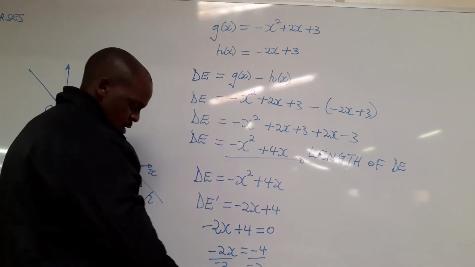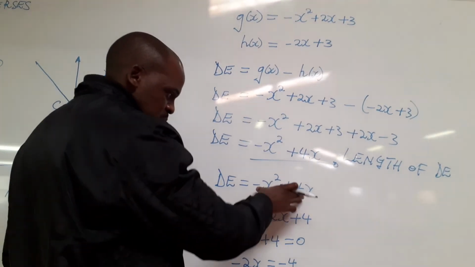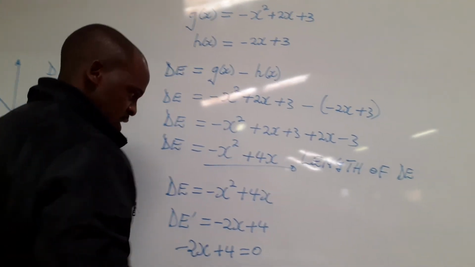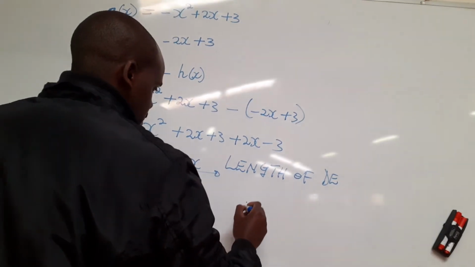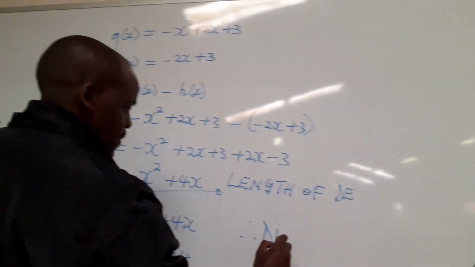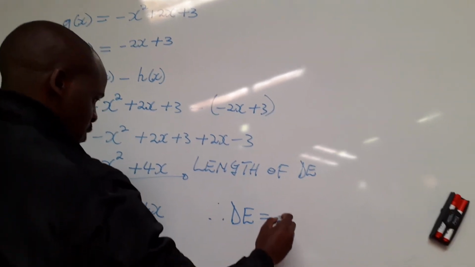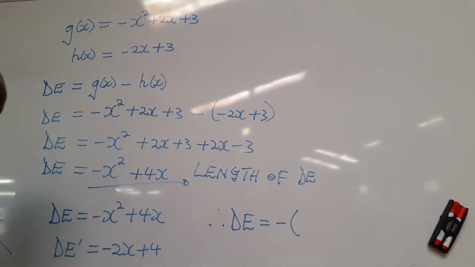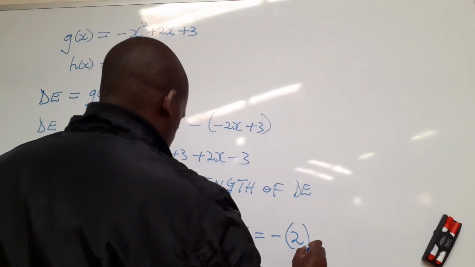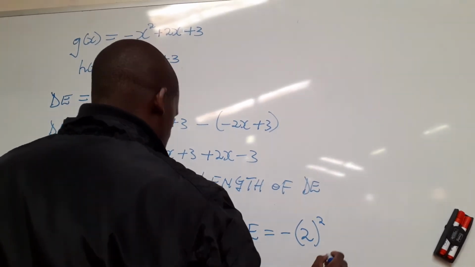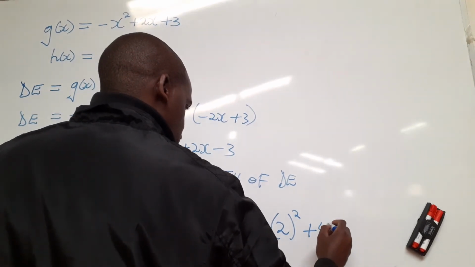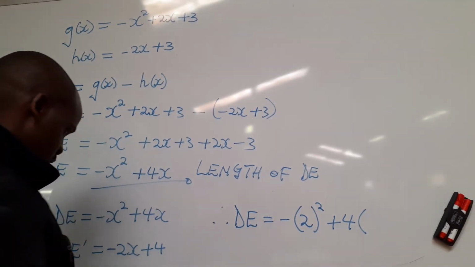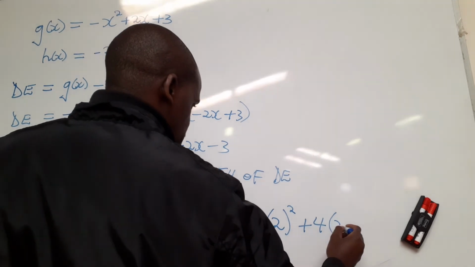And then we take this value and substitute it into the original equation. That means our DE will be equal to minus, we substitute 2 in the place of x, all squared, plus 4 times 2 in the place of x.